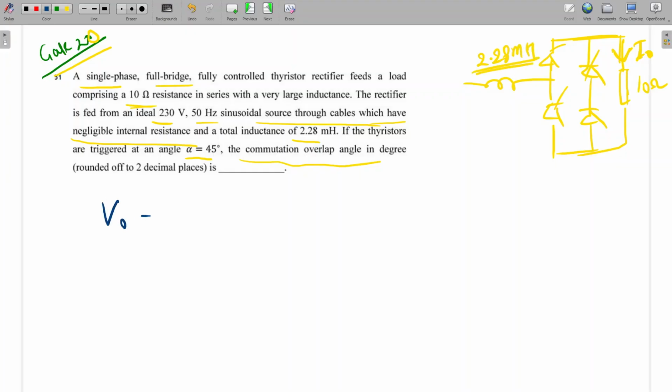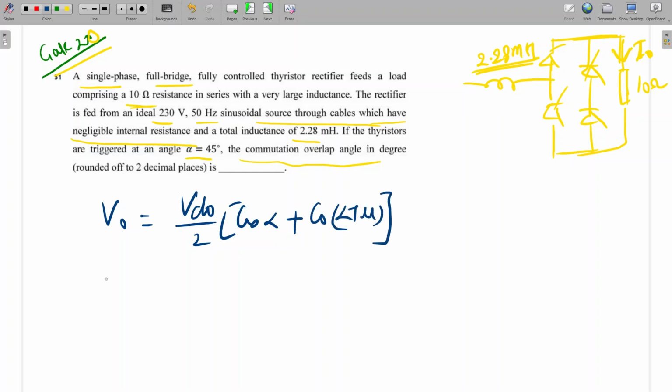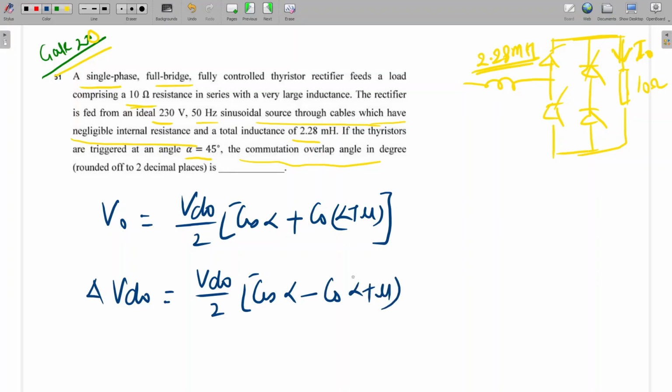Vo is equal to Vd0 by 2 into cos alpha plus cos alpha plus mu. This is one formula. And second is delta Vd0 is equal to Vd0 by 2 into cos alpha minus cos alpha plus mu, is equal to 4f Ls I0.